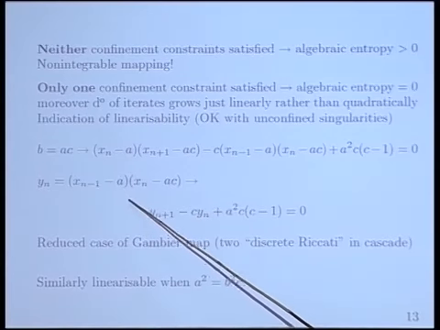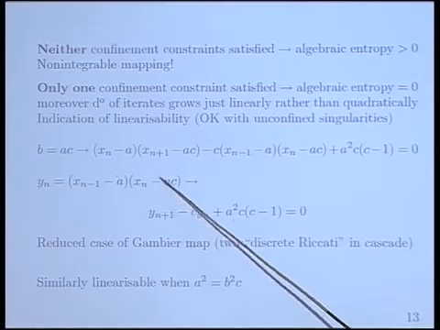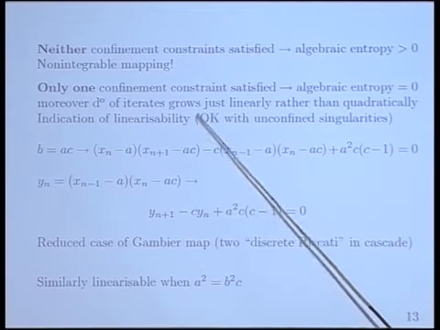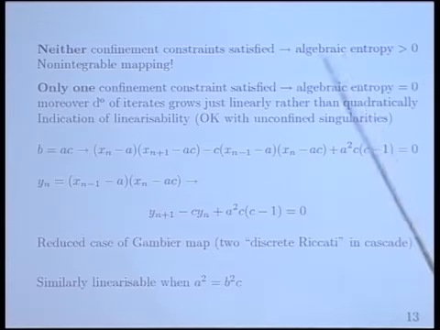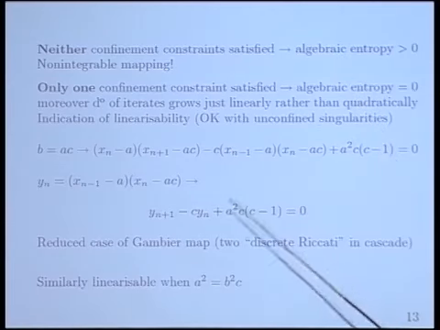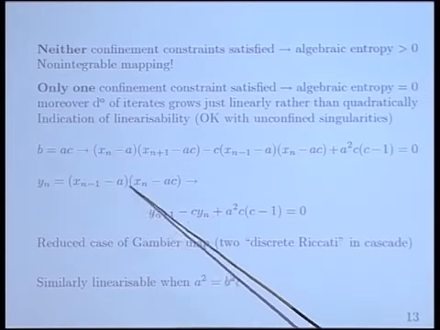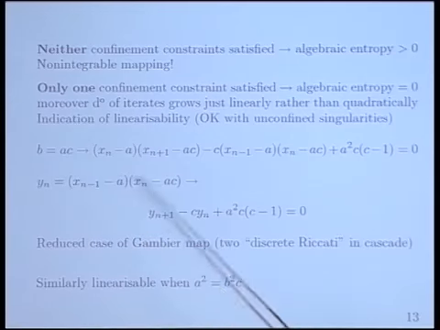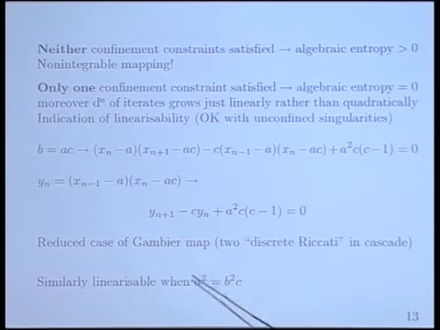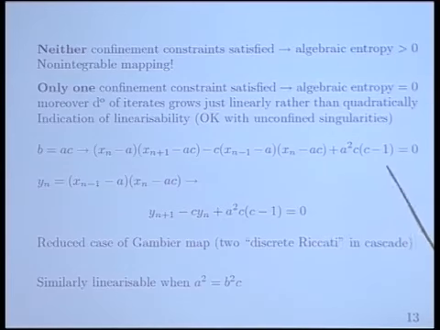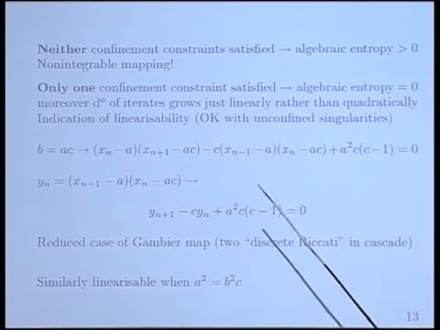This is just a homographic discrete Riccati. So we've broken down the second order equation for x into two first order equations, one for y, and once you have solved for y, then the first order equation for x in terms of y is what we call a typical discrete Gambier equation.